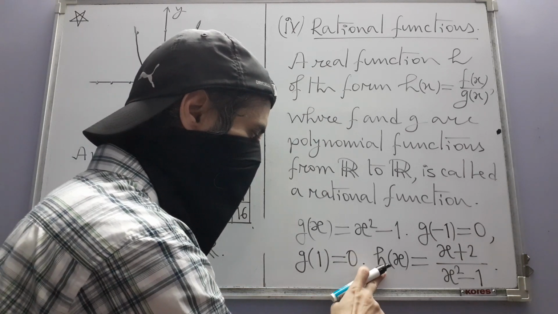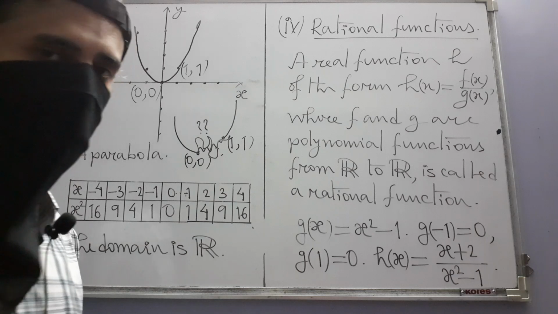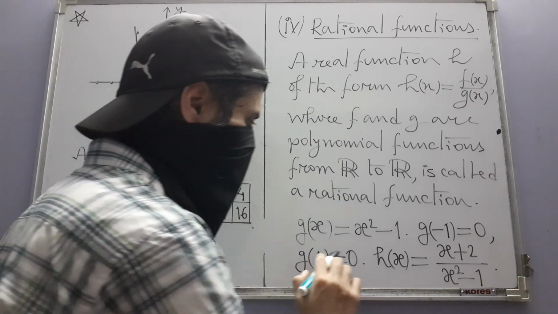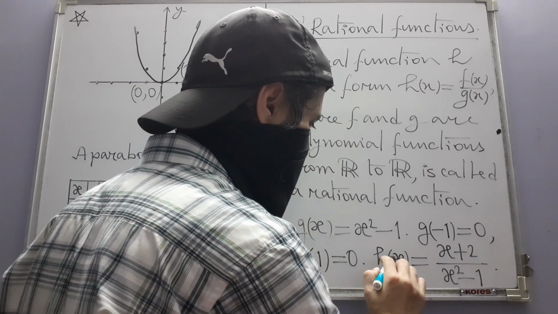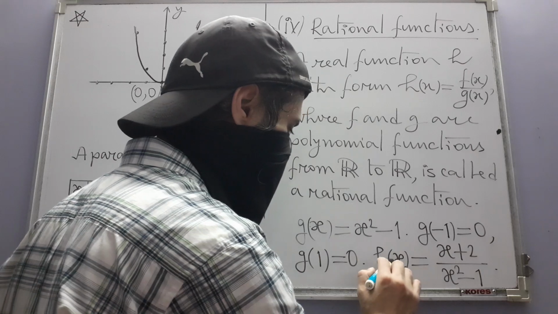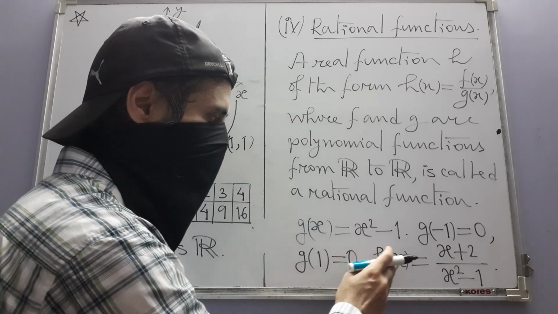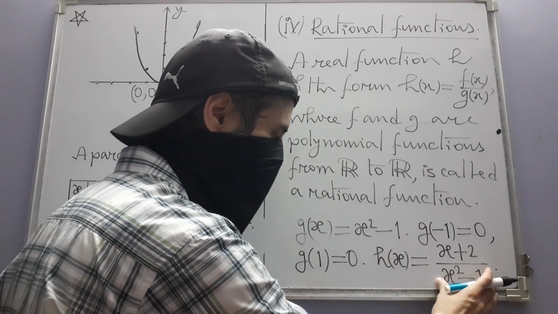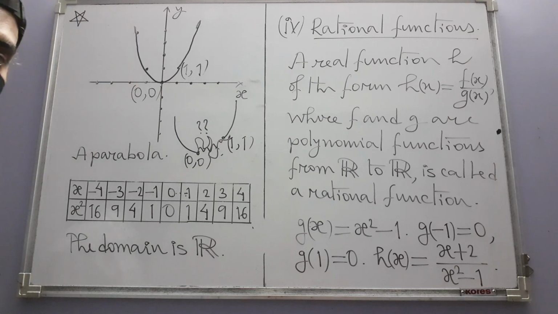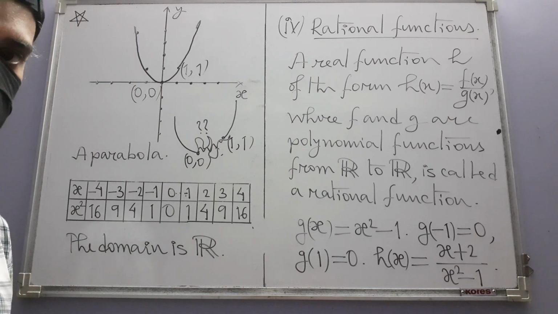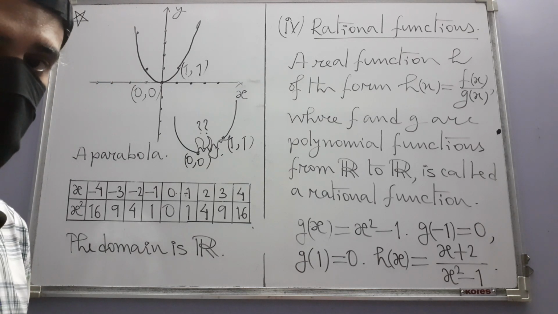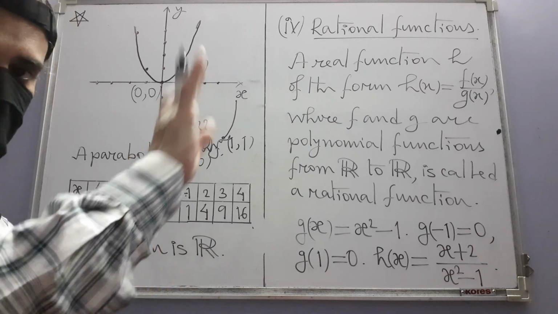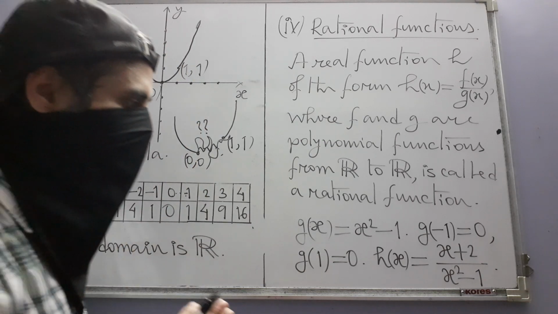For this h, the domain is not R. You will have problem in calculating h of minus 1 and h of 1, because for those values the denominator becomes 0 and you cannot divide by 0. Well, you can divide by 0, but those are other things, okay, we do not need them right now.